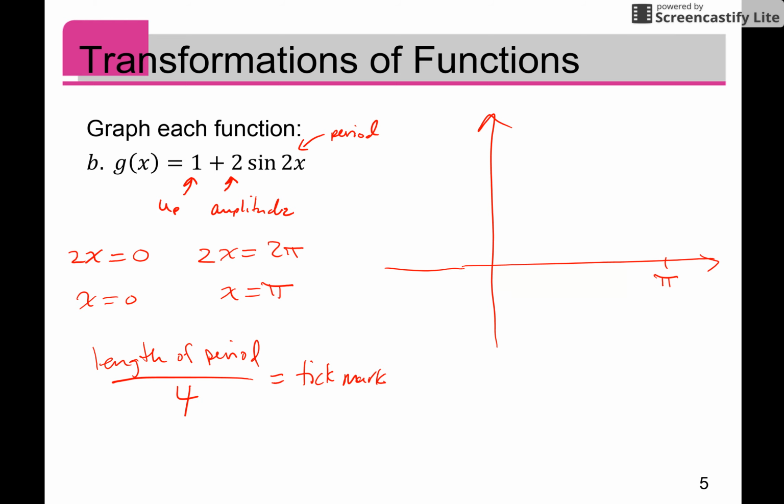So if I take pi, which is my period, and divide by 4, I get pi over 4. So at 1 pi over 4, we have the first thing happen, 2 pi over 4, pi over 2, and then 3 pi over 4, and then 4 pi over 4 finishes the period. So in this case, we have a sine function. We know that what sine does is it starts from 0, goes up to a high, back to 0, to a low, and then back to 0.